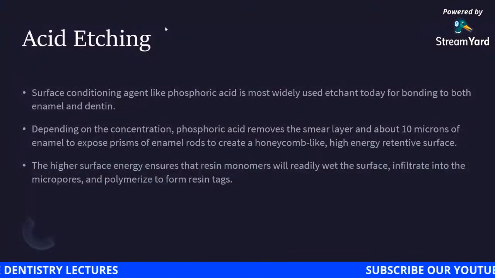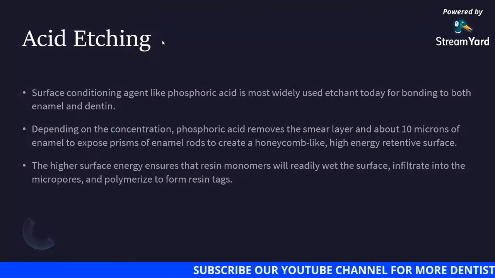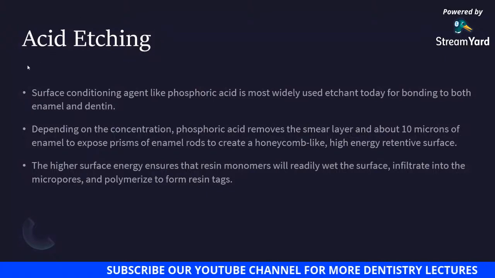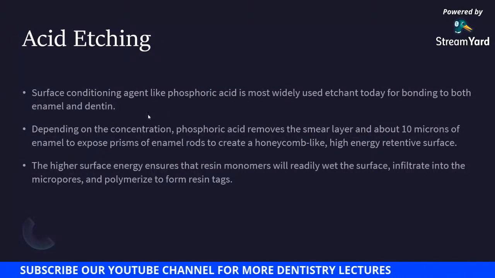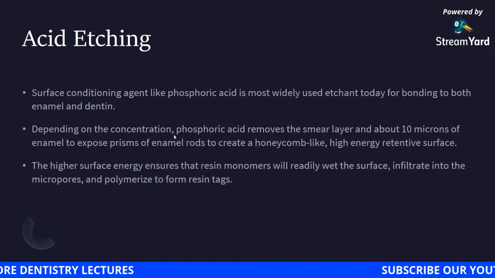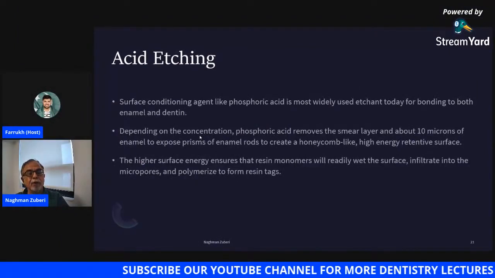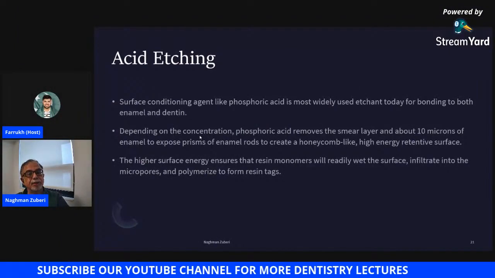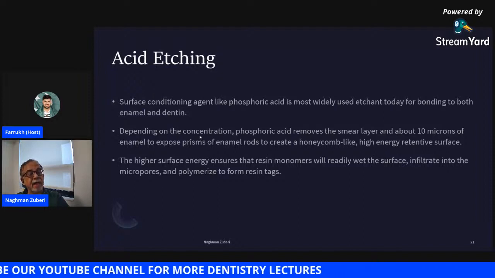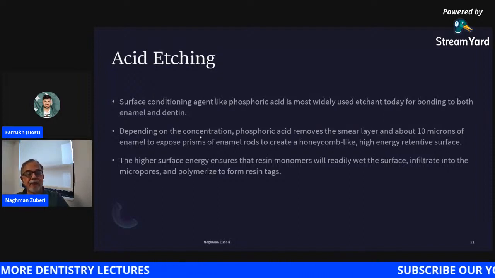So what we do to achieve the intimate contact is acid etching. Acid etching not only produces the micropores but also removes the surface smear layer and creates a surface more full of energy so that it is going to accept the adhesive and it's able to get wet.